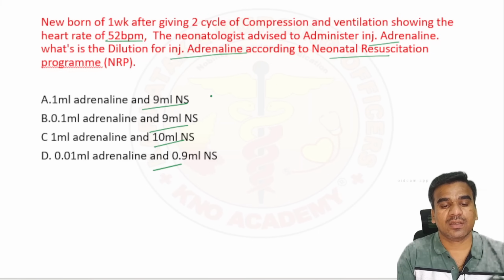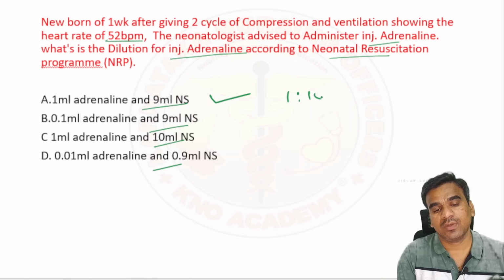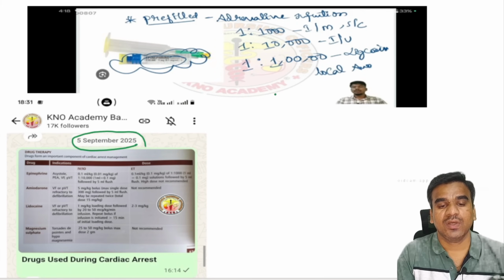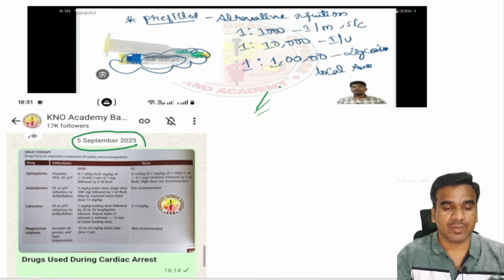The right answer is 1 ml adrenaline in 9 ml of NS, that is 1 in 10,000. This is the right dose. We also shared this on 5th September 2025 in the WhatsApp channel, and Nagaraj sir also did the same class. We'll move on to the next question.